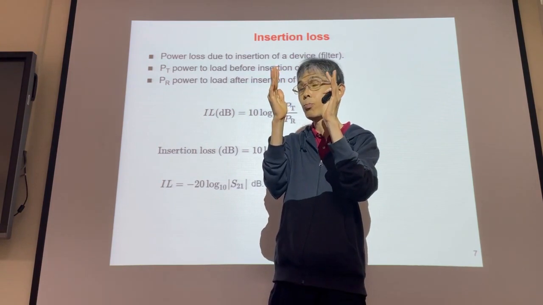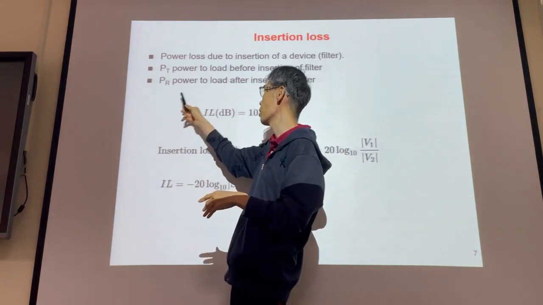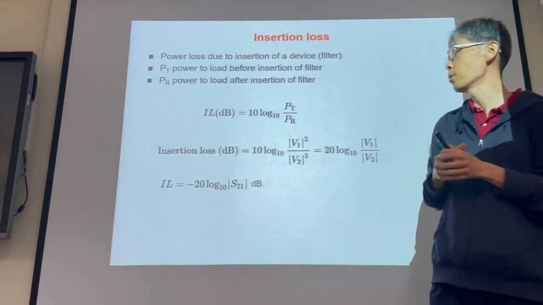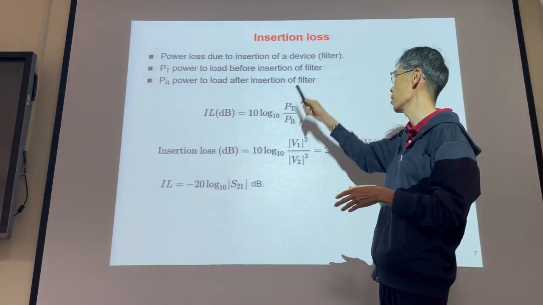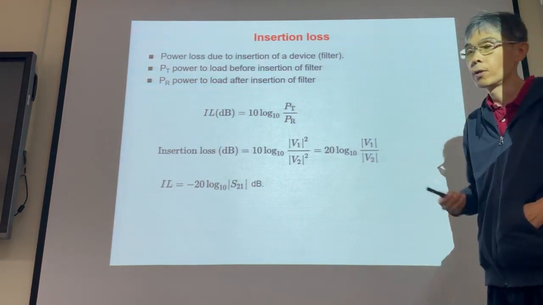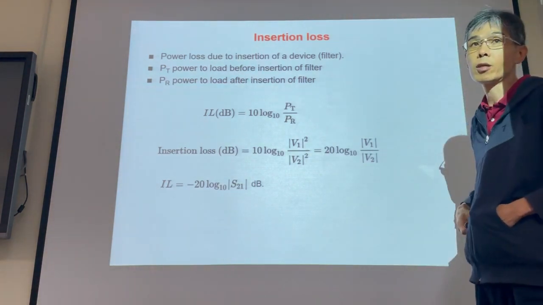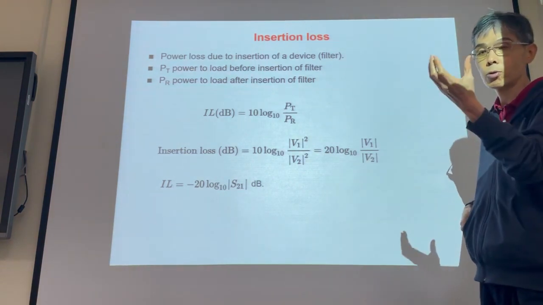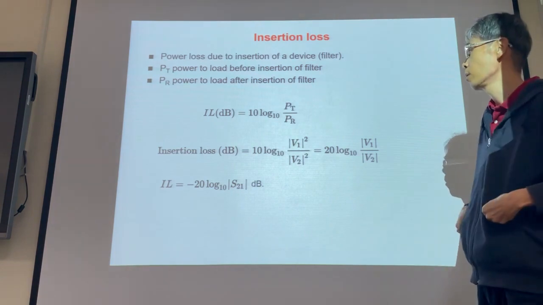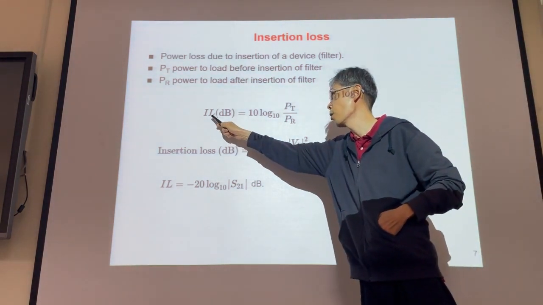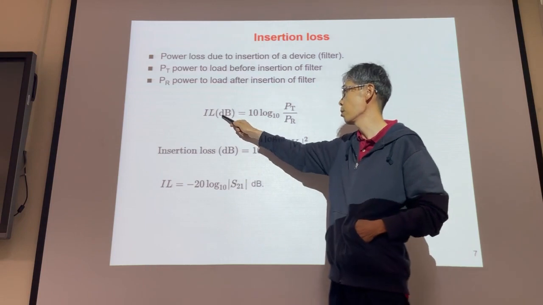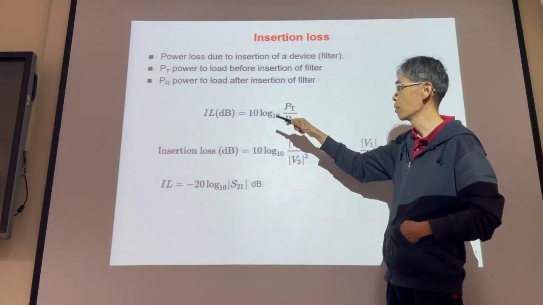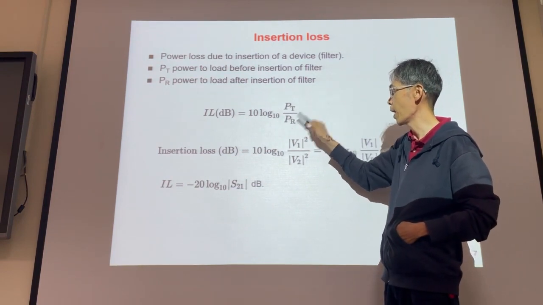PR is the power to the load after you insert some component there, say a filter in this case. So we have one metric to calculate the loss if you insert something between power and load. We use this insertion loss, IL, in decibels, comparing PT divided by PR.